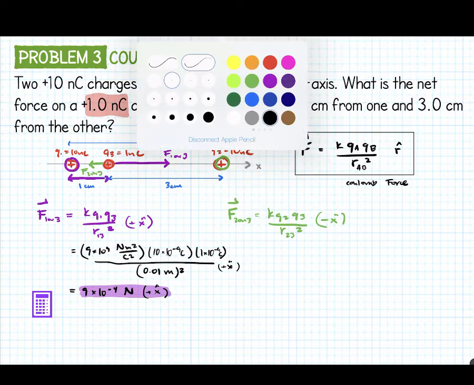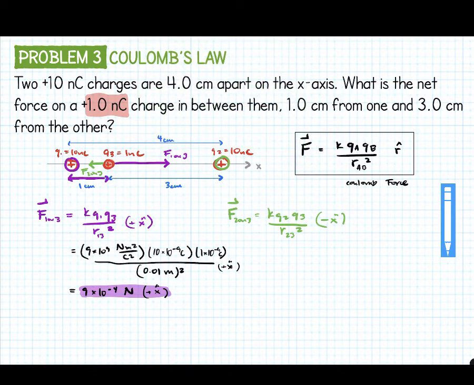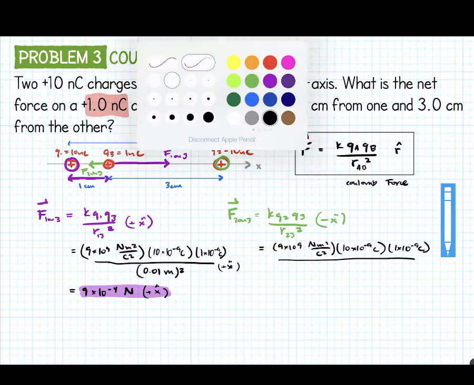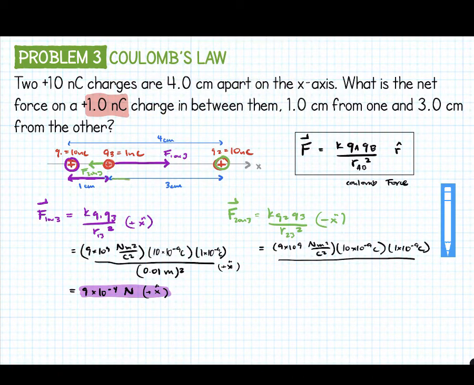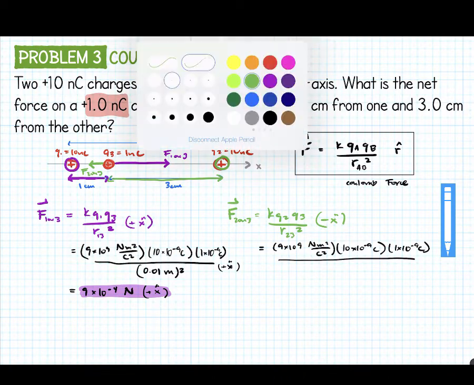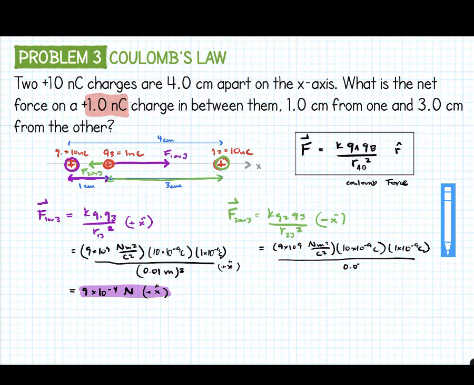Okay, we can do the same thing over here. The only thing that's really different in this one is that we still get 9 times 10 to the 9th newton meters squared over coulomb squared, 10 times 10 to the negative 9th coulombs, 1 times 10 to the negative 9th coulombs. But now our distance for this one is 3 centimeters, so we write 0.03 meters and we square it.